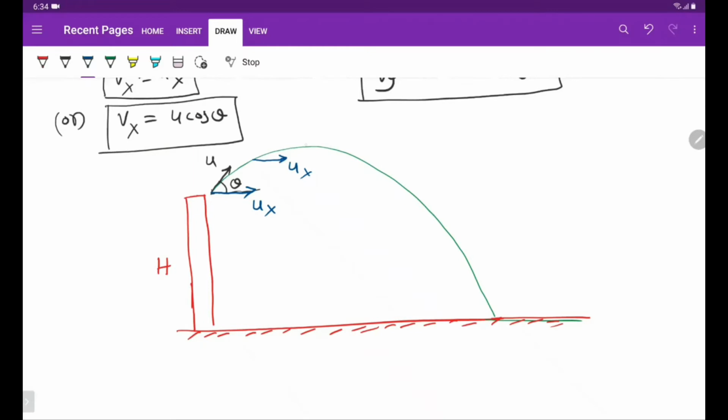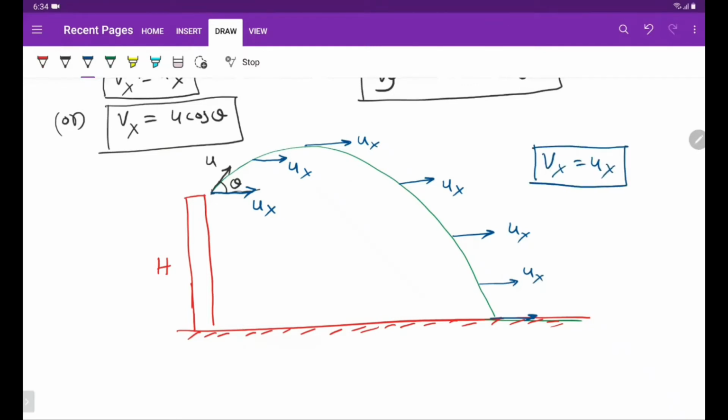At any time the x component remains the same; its magnitude and direction both remain the same. So Vx is equal to Ux.